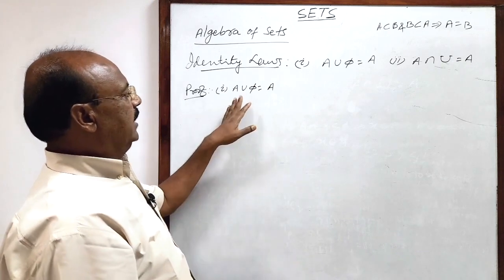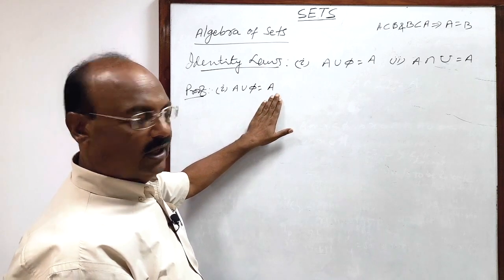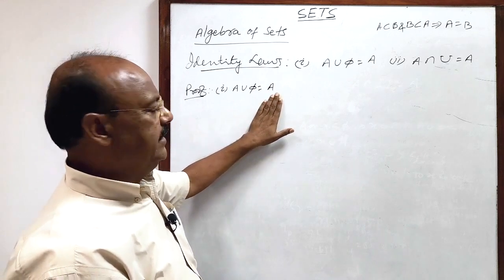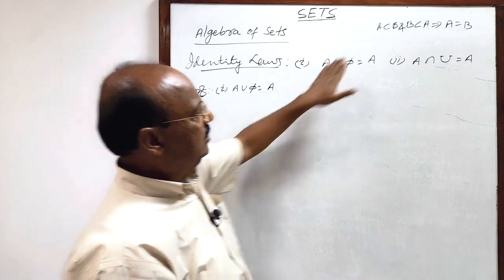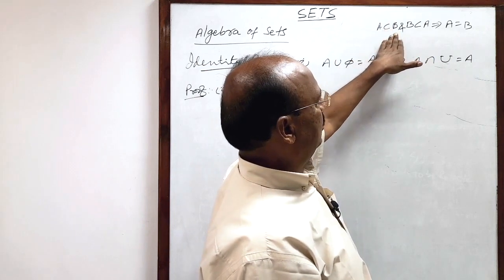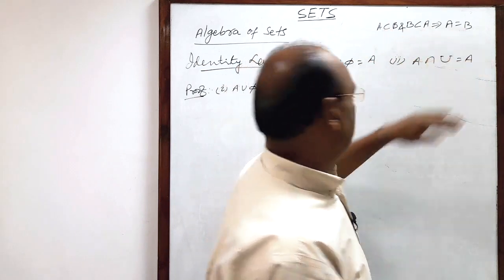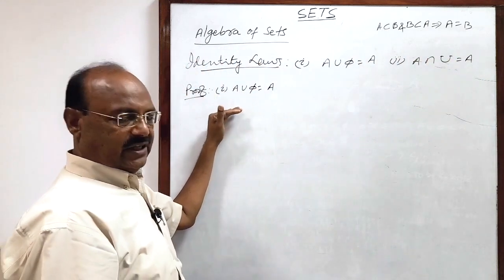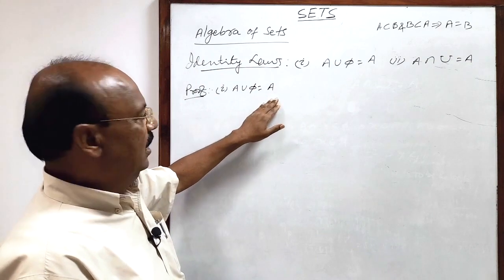You will show that your set in left hand side is a subset of right hand side, and set in right hand side is a subset of set in left hand side. Then with the help of this property of sets, A is a subset of B and B is a subset of A, shows that A is equal to B. Here we will be able to say that set in LHS is equal to set in RHS.